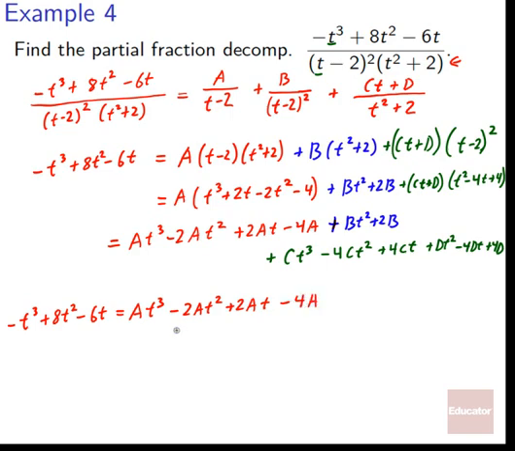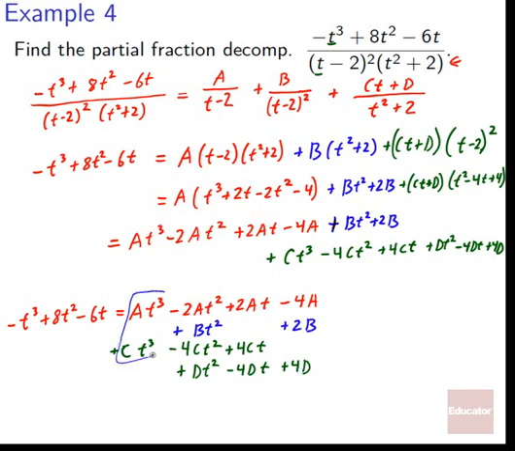Next one, plus bt squared plus 2b, plus ct cubed, minus 4ct squared, plus 4ct, and then plus dt squared minus 4dt plus 4d.